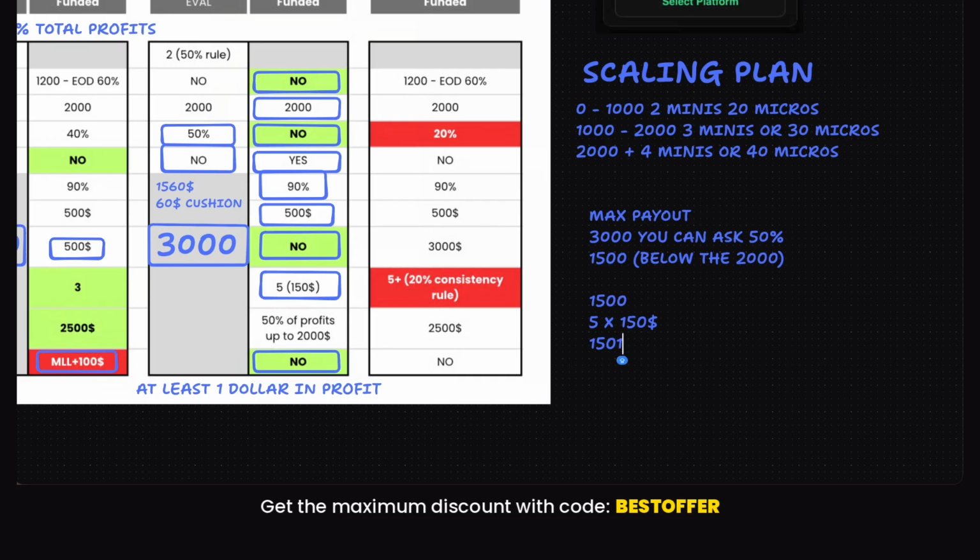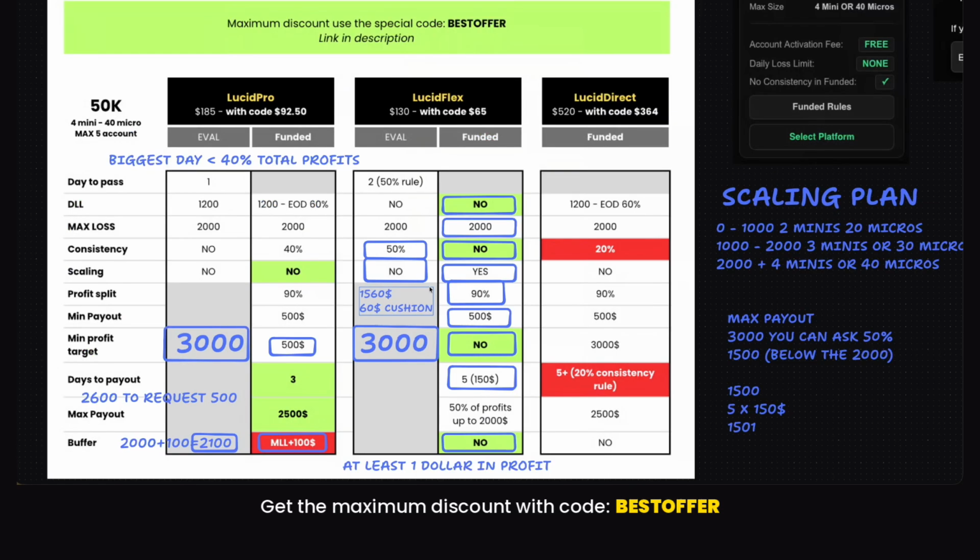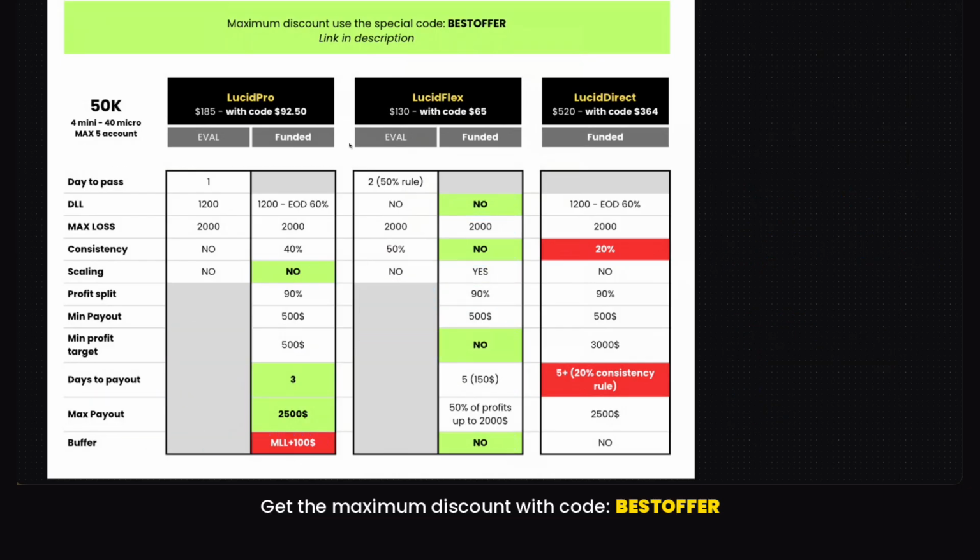So if you did 5 days in profit, but after you had a streak of losses and you come back to $1,501, you can request a payout. That's the great thing, right? It's the closest thing to a personal account, and this is incredible. So basically, let's delete everything. I have a lot of experience with prop firms, and right now I can say that this is the best plan you can get in the industry right now, hands down.